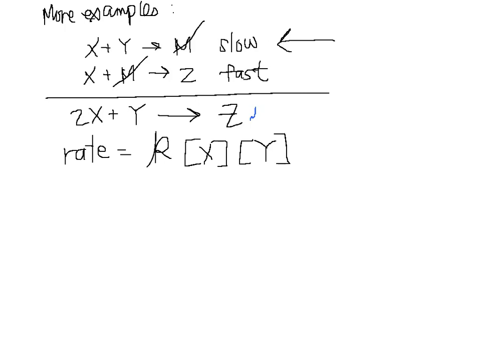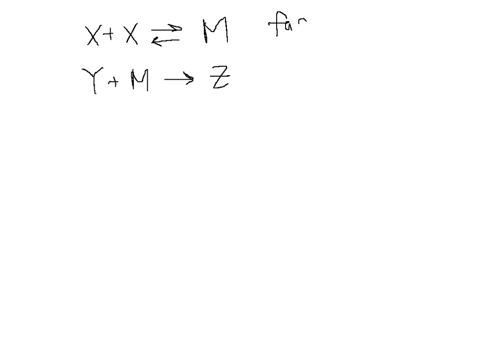Let's do another one. Okay, so same idea. Let's say we have X plus X, and that's going to form M, and we have Y plus M, and that will form Z. Now this is fast, and this one is slow.